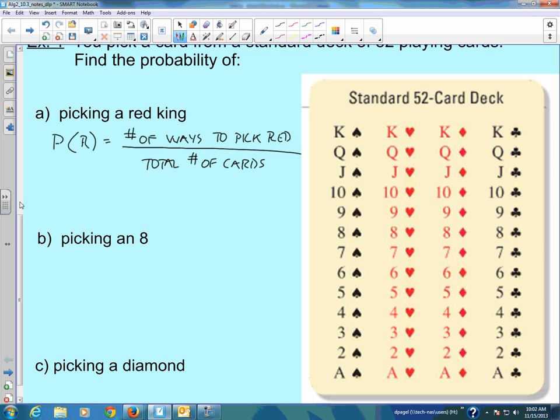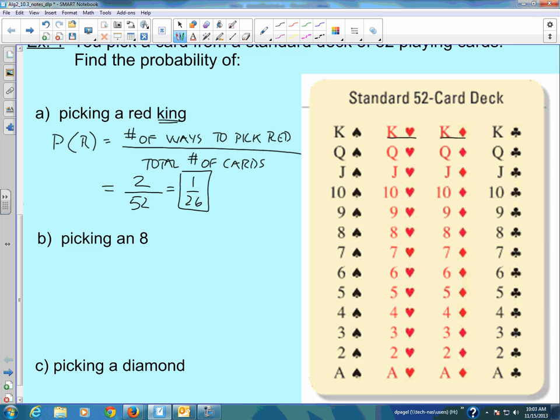So we set this up, and I have how many red cards? Oh, I want a red king, sorry. I have 2 suits that are red, a heart and a diamond. There are my 2 red kings. I have 2 possible red kings out of 52 possible cards, or a 1 in 26 chance of pulling a red king. We'll take our fractions and reduce them. You can make them decimal equivalents if you want to also.